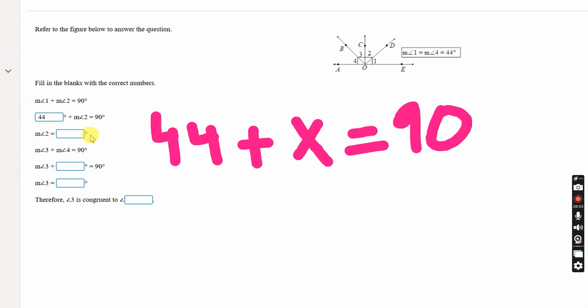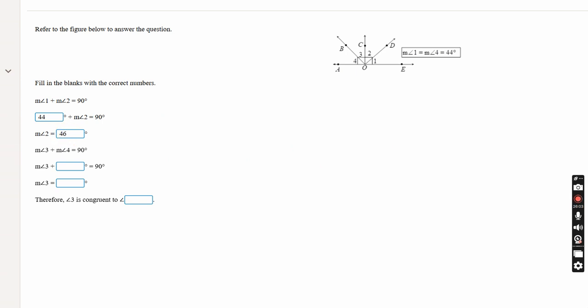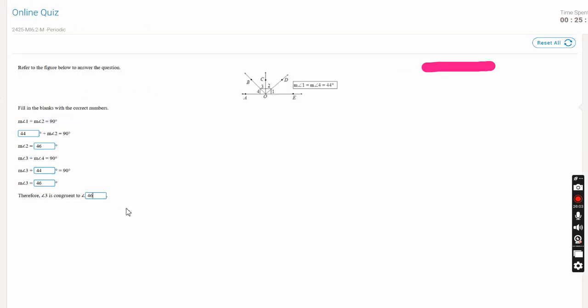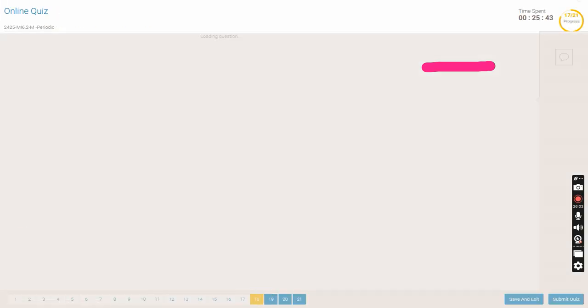You see this degree sign, that's asking you to put the number in, not another alphabet or letter, that's numbers. So measure angle 3 again, you know that measure angle 4 is what? 44. They have given it to you on the screen. The next one, again, you will solve for measure angle 3 and that will give you 46. The next one, which two angles have the same measurement? Measure angle 3 is 46 and measure angle 2 is 46. So just write the angles here.